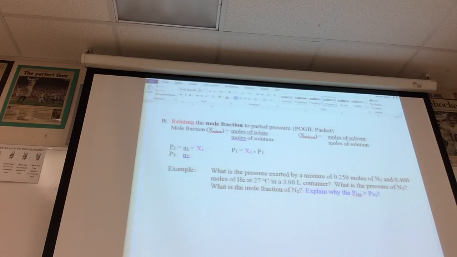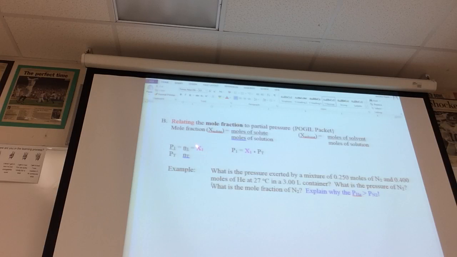Here it's actually going to be even easier. Mole fraction of the solvent would have moles of solvent in the numerator. So the formula you can come up with is, if mole fraction is the moles of the gas in question over total moles of gas in the solution, you can equate this to partial pressure, and that's what's shown here.